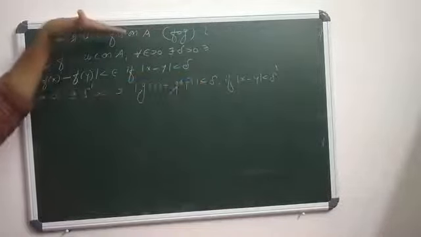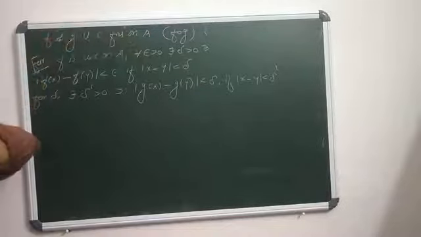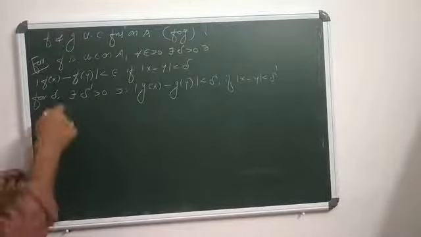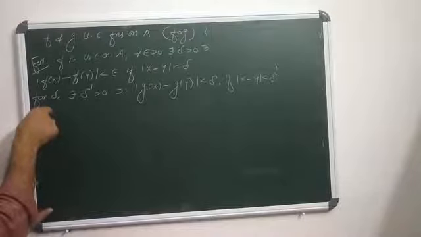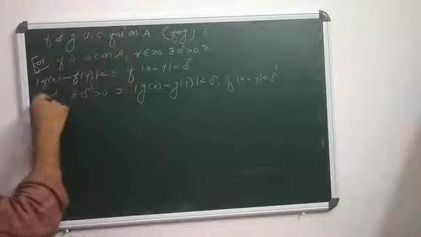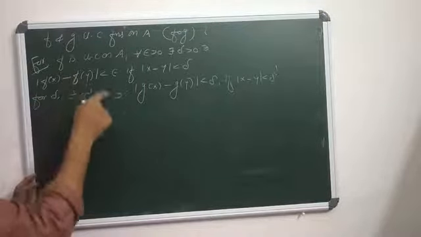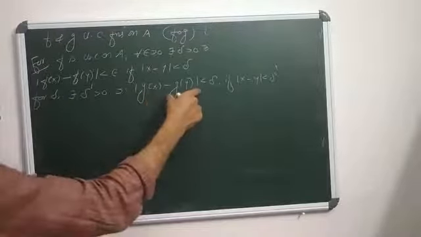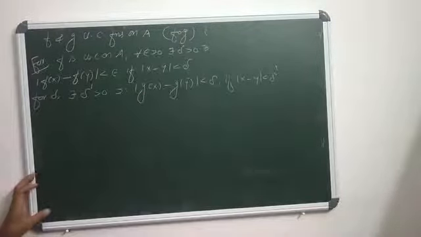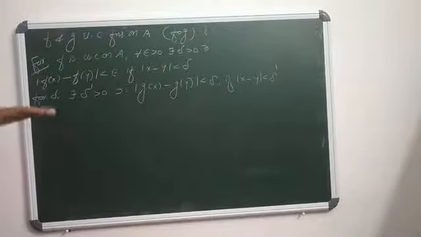Because g is uniformly continuous. So if you fix delta instead of epsilon, delta is again a sufficiently small positive quantity. Then there exists another delta dash with mod g of x minus g of y less than delta provided mod x minus y is less than delta dash. That is because the given function g is uniformly continuous in the given domain.